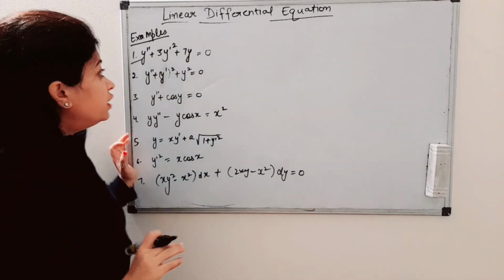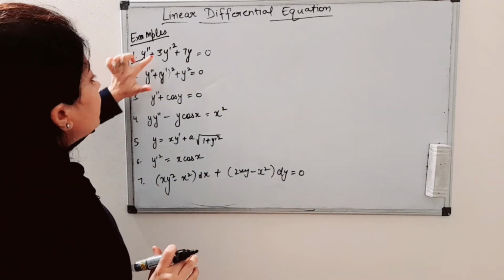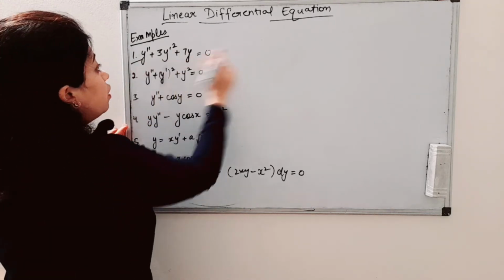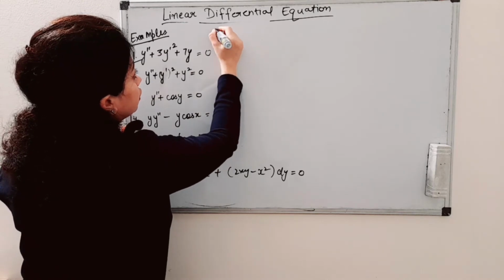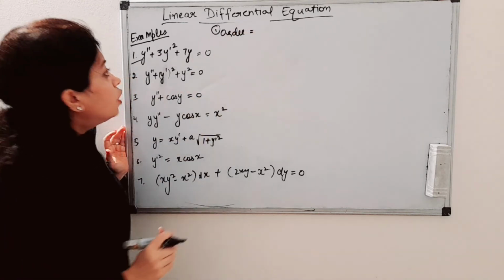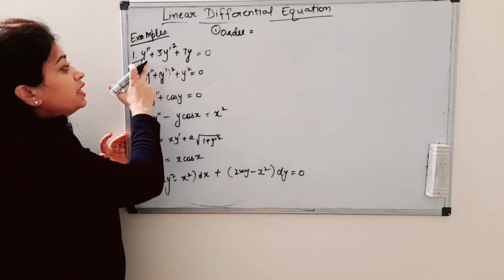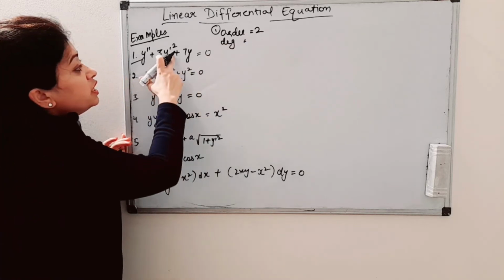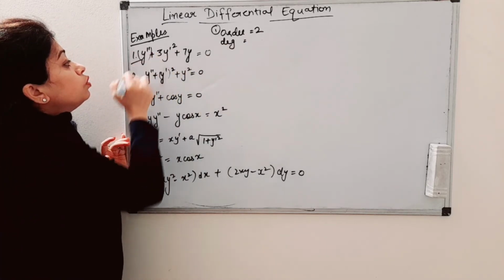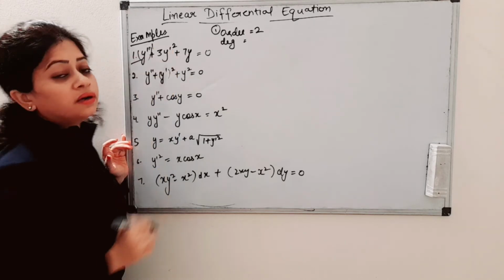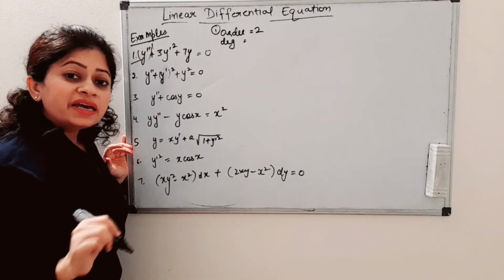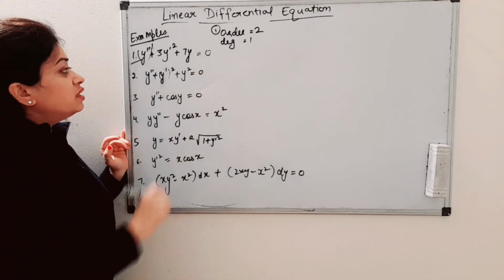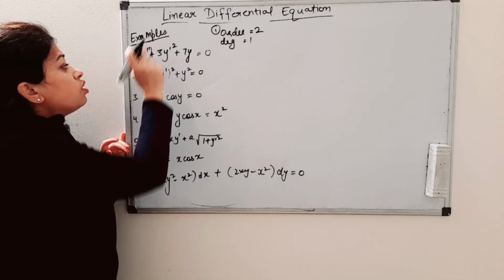So first question is y double dash plus 3y dash square plus 7y is equal to 0. Here, what is the order? Highest order derivative is 2, that means order is 2. What is the degree? Degree is 1, because the power of highest order derivative is 1. Now tell me whether this equation is linear or non-linear.